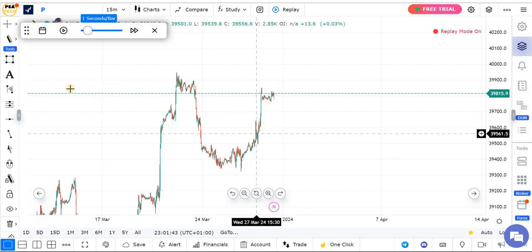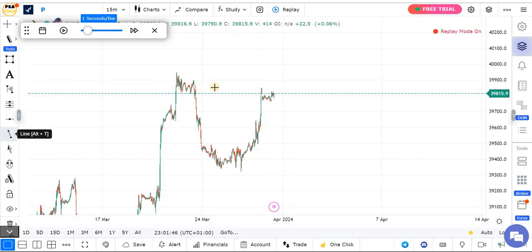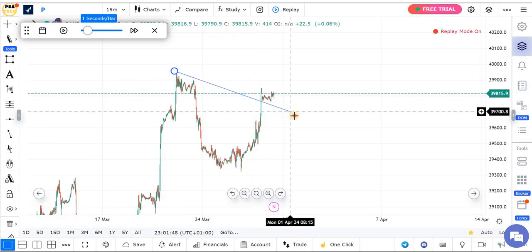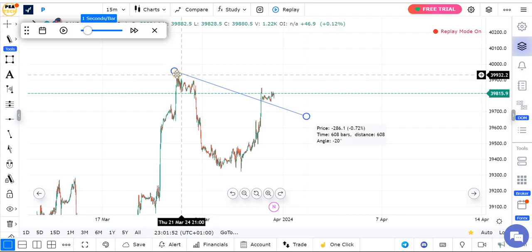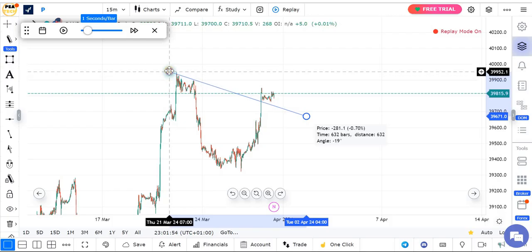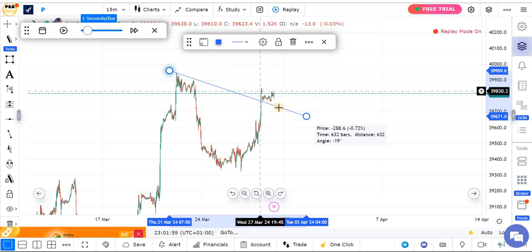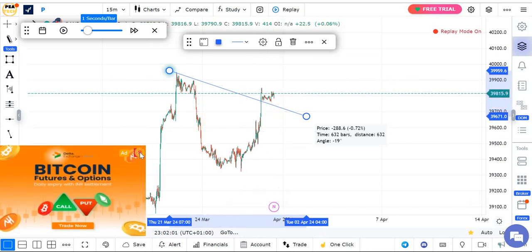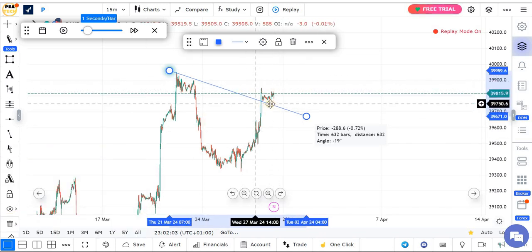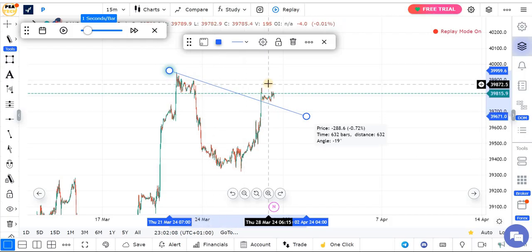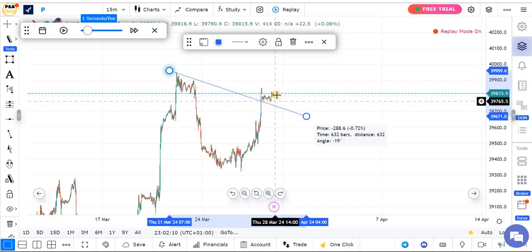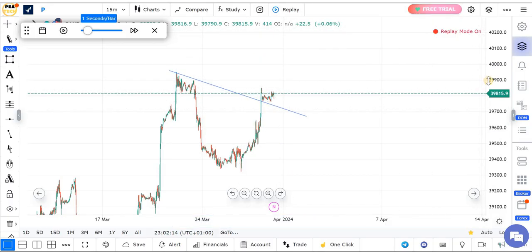If you pick your line and draw a trend line, you will see that there's a trend line that is actually formed. This place is responding to the trend line. The trend line broke upward, and this is responding to it. So that is one area you want to check.